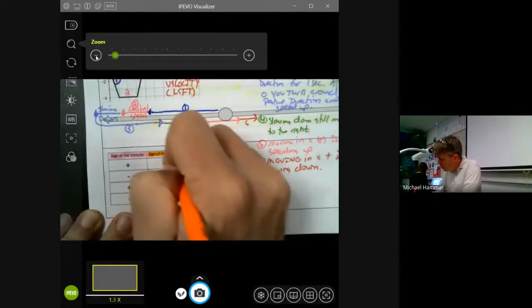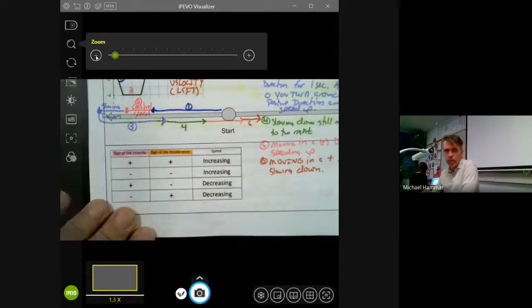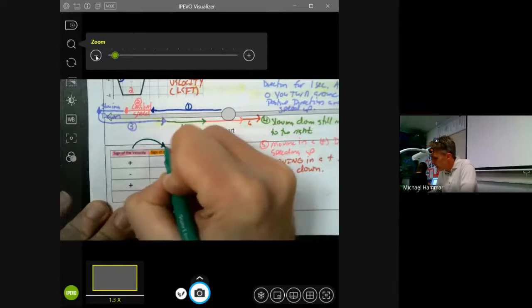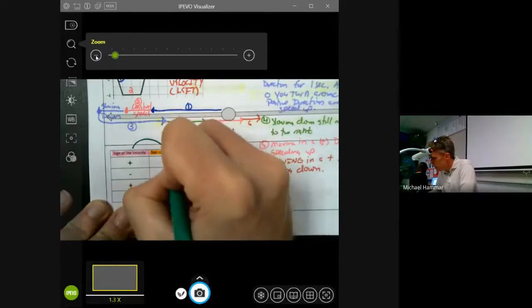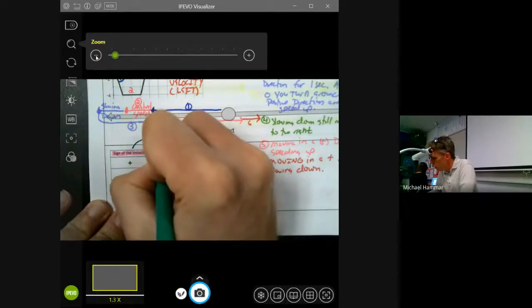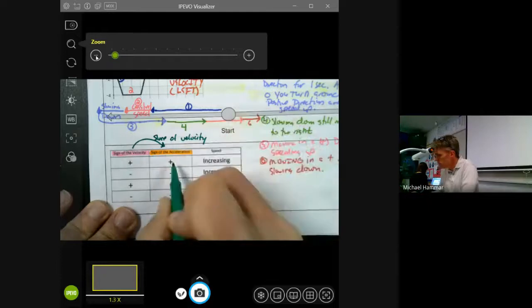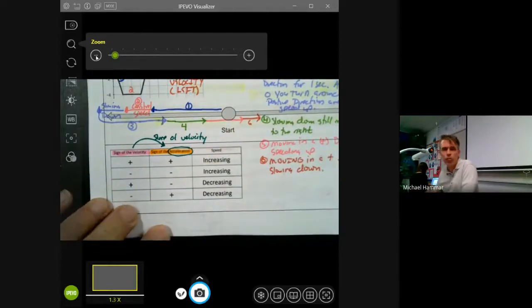Now remember, velocity and acceleration are connected. This acceleration is the slope of velocity. Okay? That's what acceleration is. Acceleration is the slope of velocity.